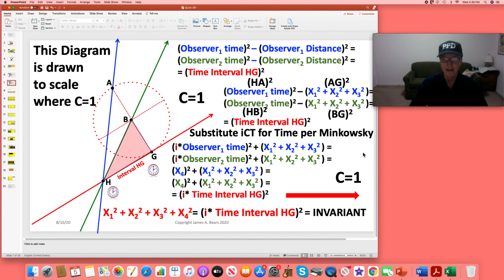Okay, so we did that. And so x1 squared plus x2 squared plus x3 squared plus x4 squared is the invariant for special relativity. A very simple thing, and it's immensely powerful and used to produce Einstein's gravitational field equation, as we will show next.